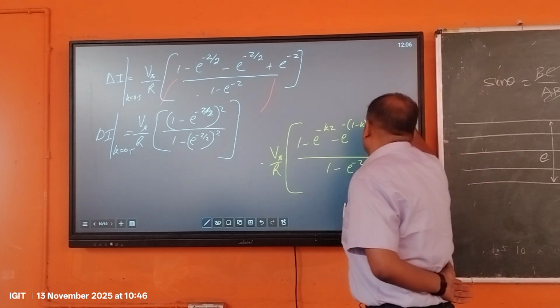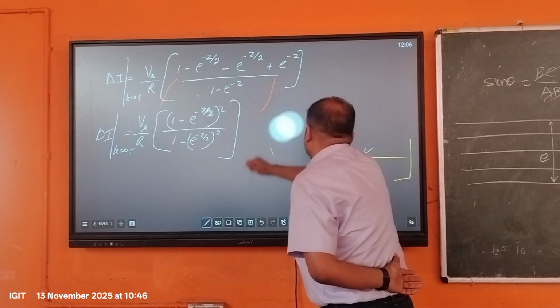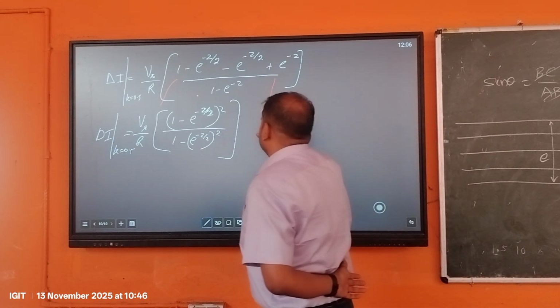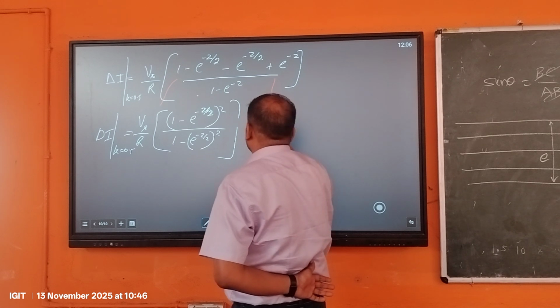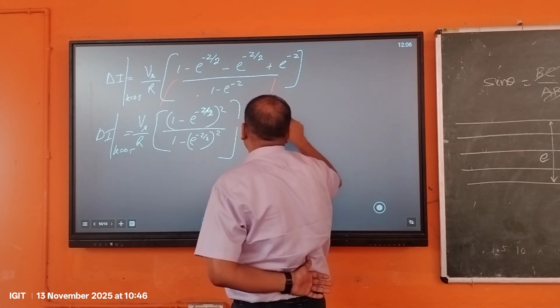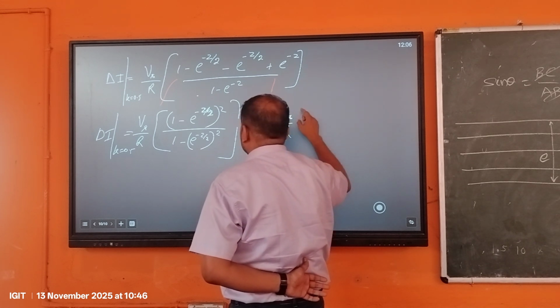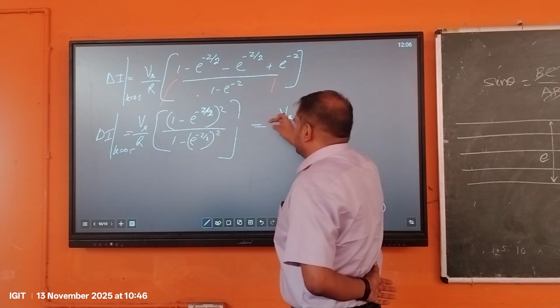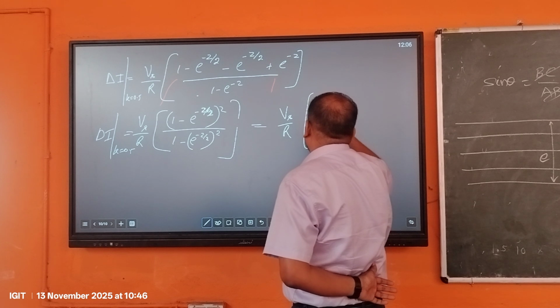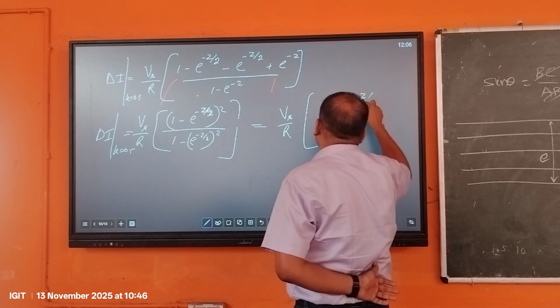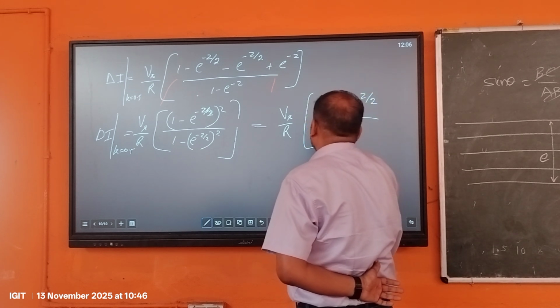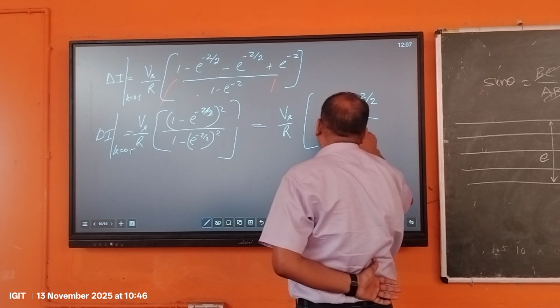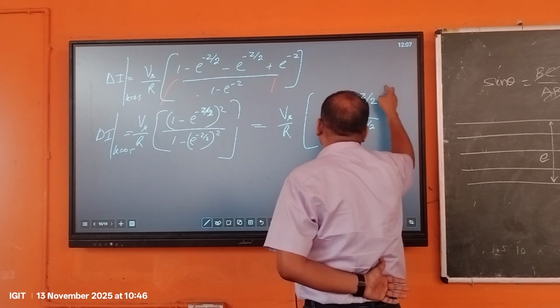So finally what we'll get after doing this is a very clear, simple equation, that is Vs by R, a minus b whole square, below 1 minus, cut it will delete it. So 1 minus e to the power minus z by 2 divided by 1 plus e to the power minus z by 2.